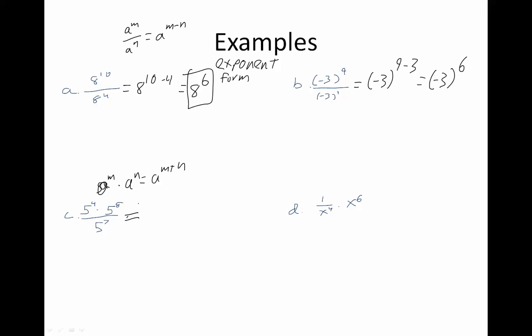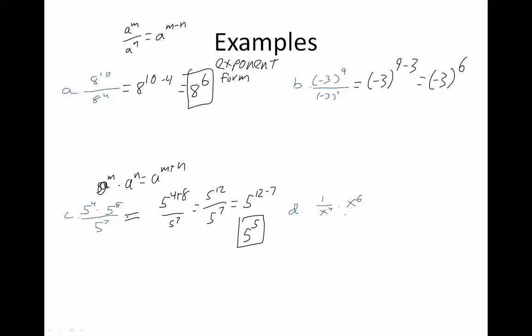So we're going to combine the two rules here. The first thing we're going to do is multiply these together. So that's 5 to the 4 plus 8, which is 5 to the 12th over 5 to the 7th. And now we'll do the division. So this is 5 to the 12 minus 7, or 5 to the 5th.